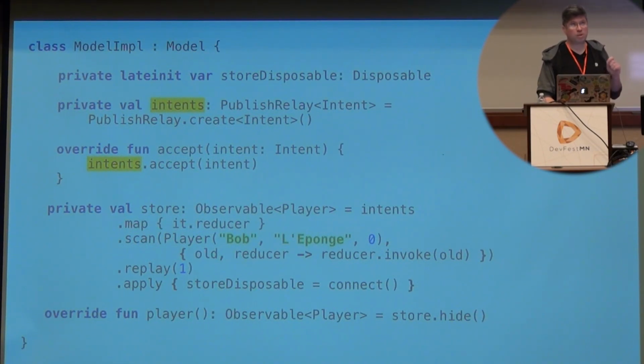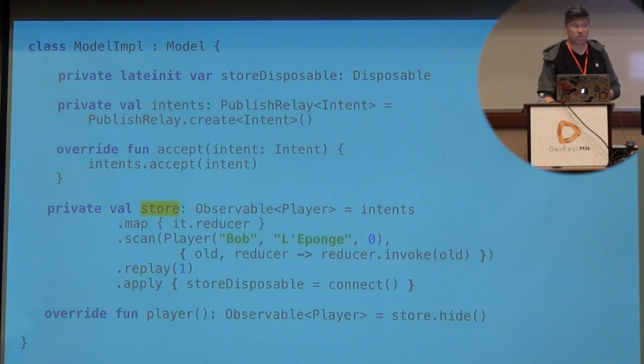So we use a publish relay as an input point, which is not necessarily the best practice in Rx, but for this specific example, it does very well. And then our accept function just takes intents and stuffs them down that publish relay. The other reason why relays are acceptable in this kind of pattern is that they're kind of hidden from the world, right? So they can't be misused by outsiders to the model.